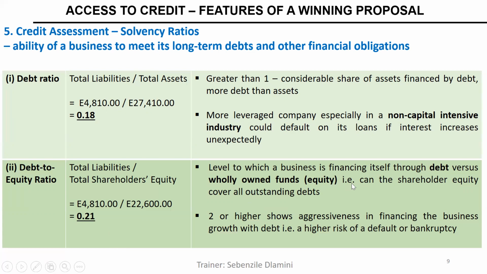It means, can the shareholder equity cover all outstanding debts? A ratio of 2 or higher shows the aggressiveness of the business in financing business growth with debt. In other words, it shows a higher risk of a default or bankruptcy.